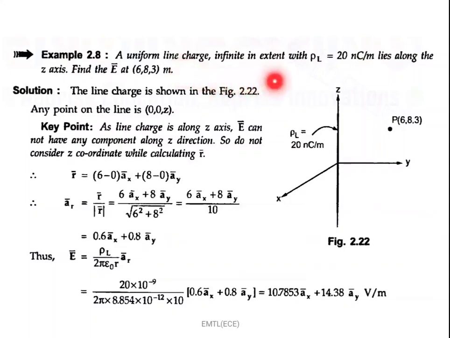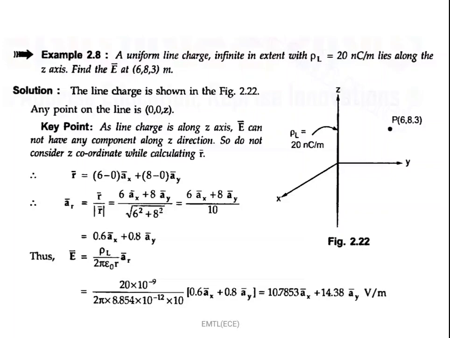A uniform line charge, infinite in extent, with ρL equal to 20 nanocoulomb per meter lies along the z axis. Find E bar at (6, 8, 3) meters. When you observe the figure, this is the line charge, and the line charge density value is 20 nanocoulomb per meter, and this is the point P. So we have to find the electric field intensity at the point P due to this line charge density.